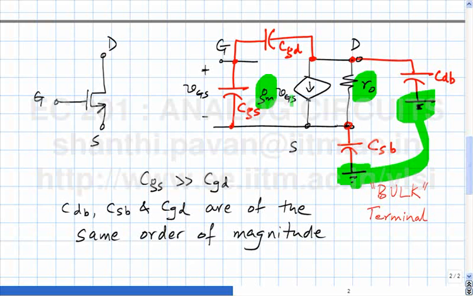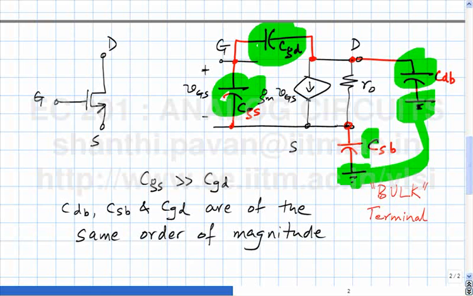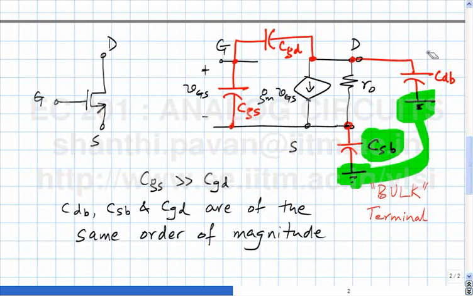And what did we say about the incremental parameters? The incremental parameters of the nonlinear device are dependent on the operating point, and by the same token, these incremental parameters will also be dependent on the operating point of the MOSFET. As a network theorist, I can only say that these will be dependent on the operating point.